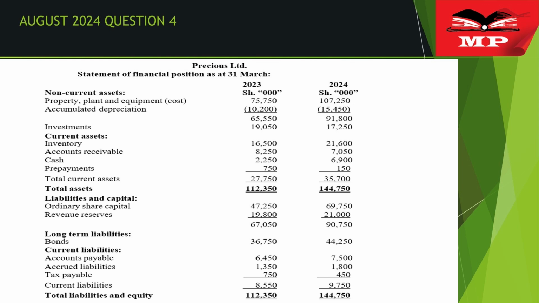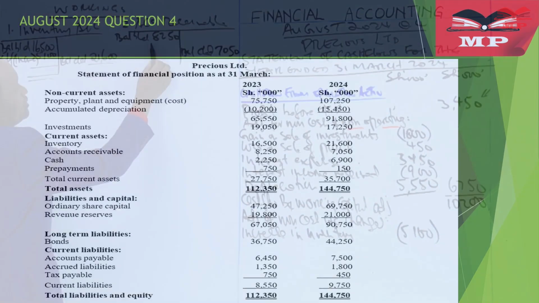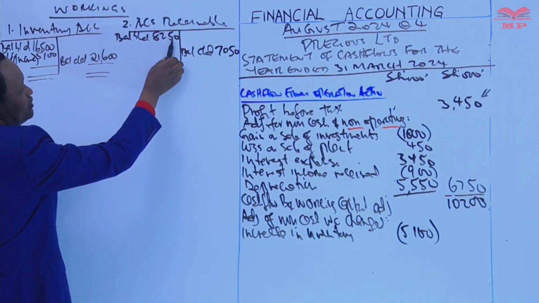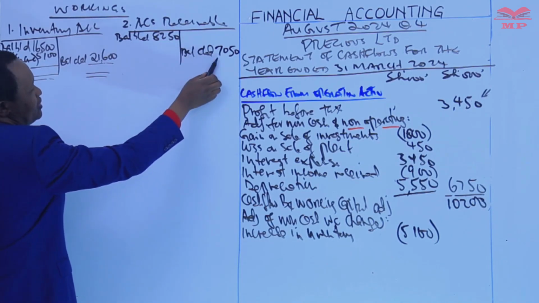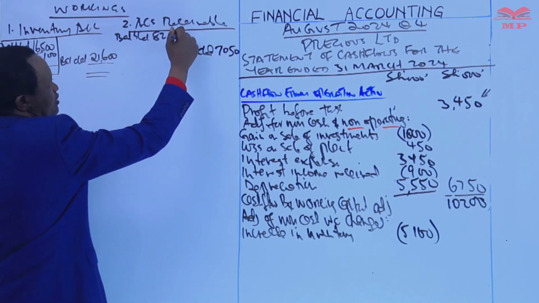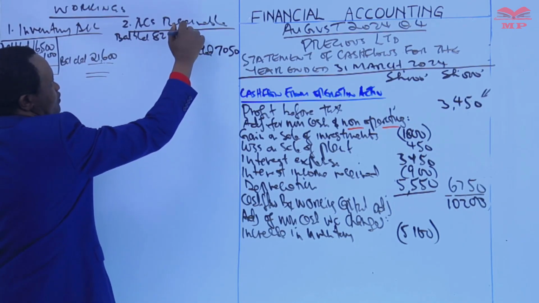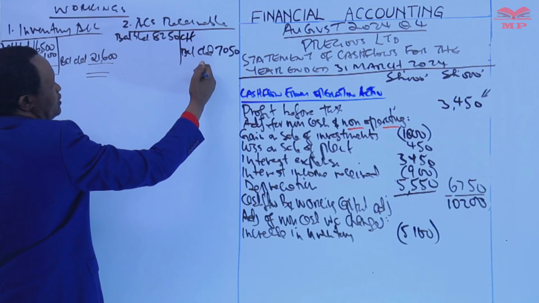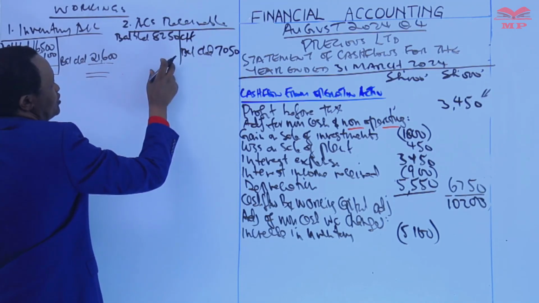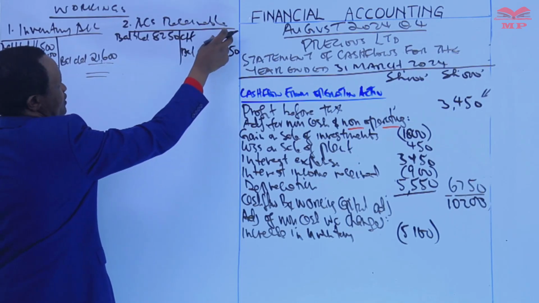At the beginning, the company had debtors of 8,250. At the end, this amount has reduced. So the difference definitely we are taking to the cash flow. That means there was a reduction of how much? What's the difference?